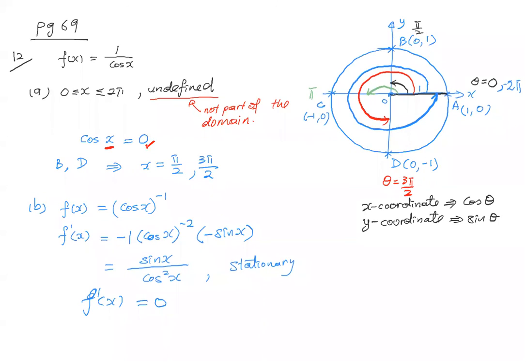So therefore, sin x equal to 0, correct? Top equal to 0. So sin x equal to 0, x is what? Which point?